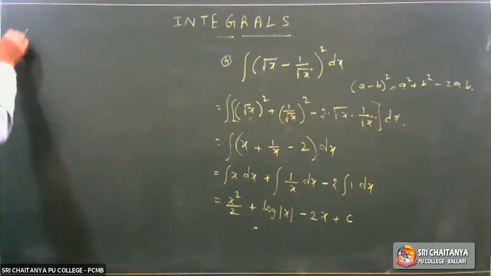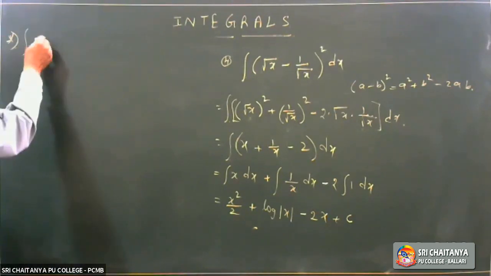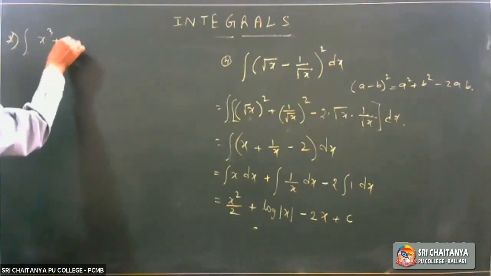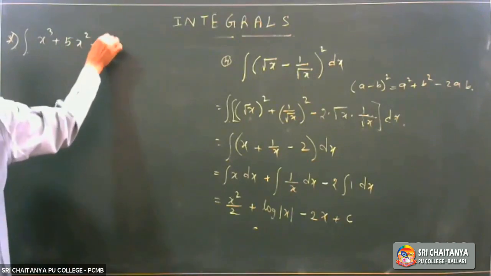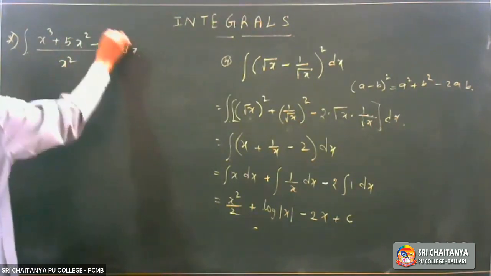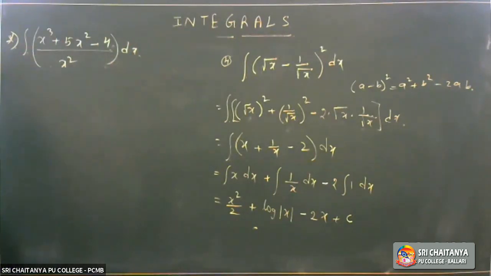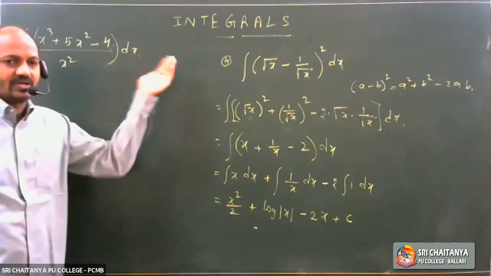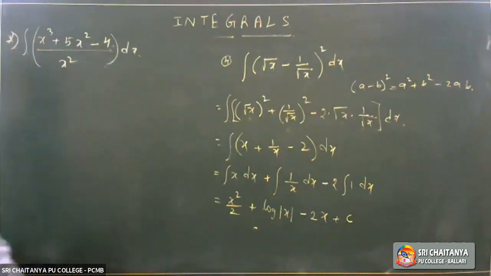Integral of (x cube plus 5x square minus 4) divided by x square, whole dx.